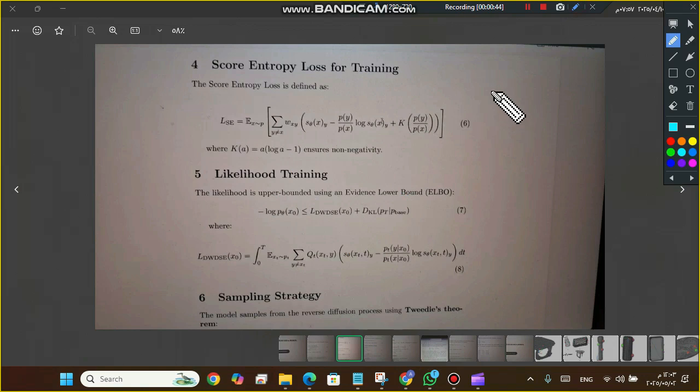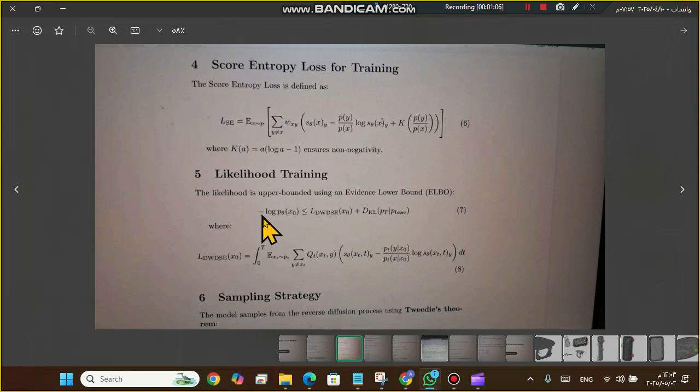Let's say this line is always below this line. If I bring this line over here, then I'm sure that this line is at least below this point. So instead of minimizing this side directly, I can minimize this side over here and use it as my training loss function.